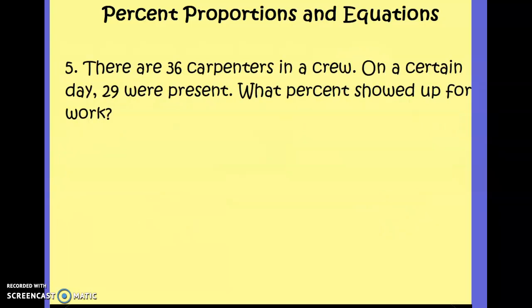All right, one last problem. There are 36 carpenters in a crew on a certain day. 29 were present. What percentage showed up for work? Again, we're going to take our part and put it over our whole: 29 out of 36. Divide that. I don't know what I did with my calculator.